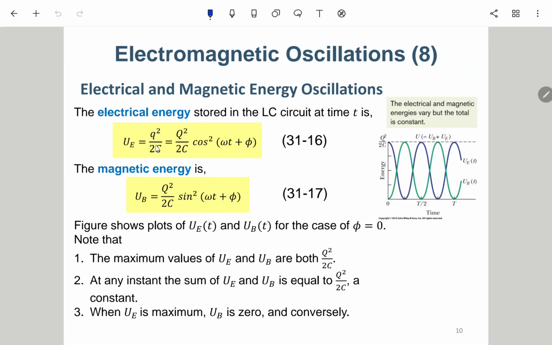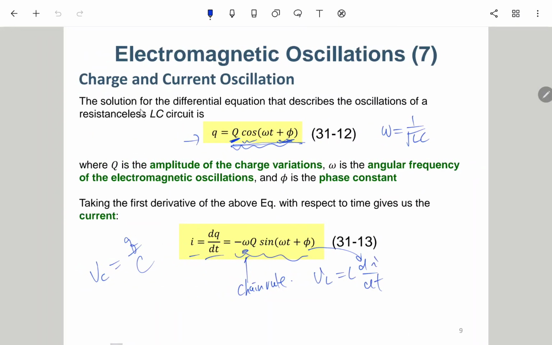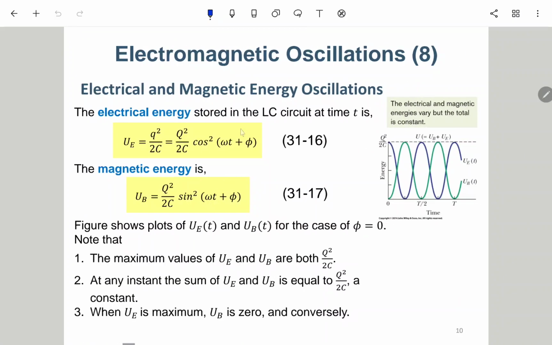We have UE equals Q squared over 2C. After plugging Q in, we have capital Q squared over 2C times cosine square of omega t plus phi. This is the energy stored in the E field.